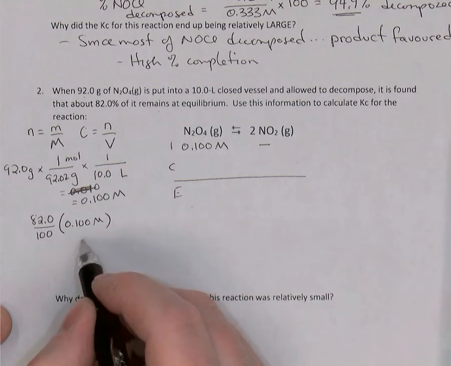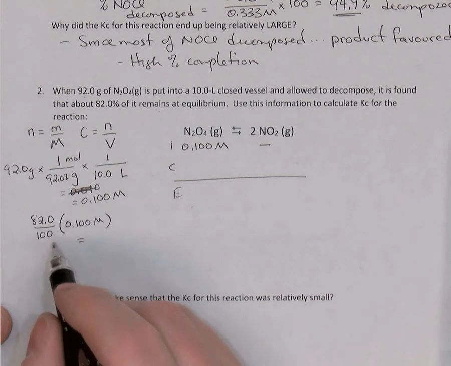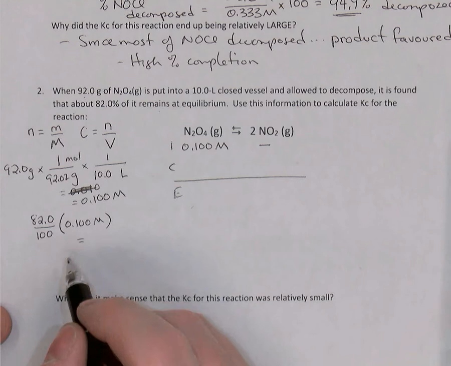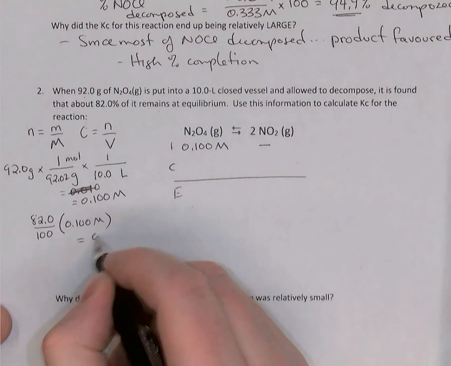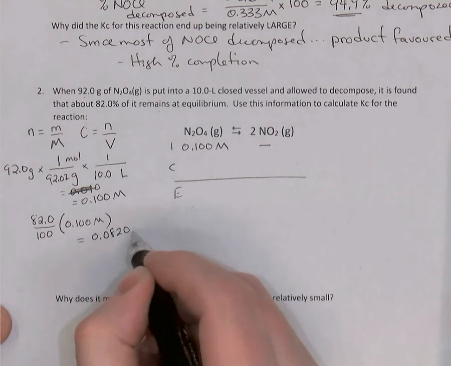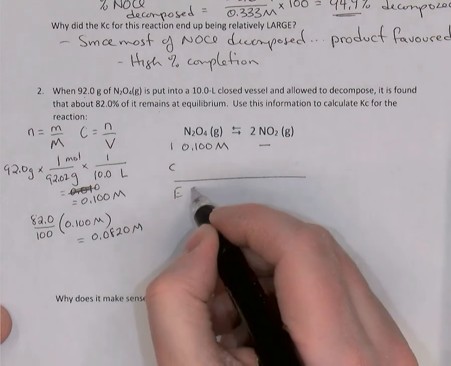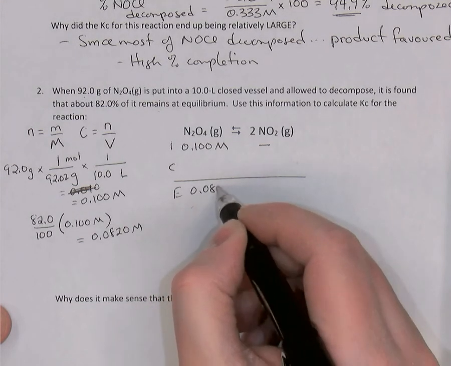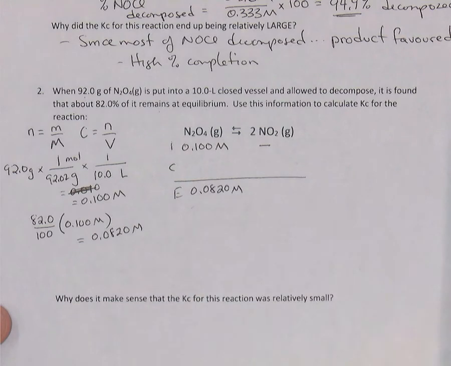That's how much remains at equilibrium. So 82% would be 0.82 times 0.1 would be 0.0820 molarity. So that's what's left at equilibrium, 0.0820 molarity.